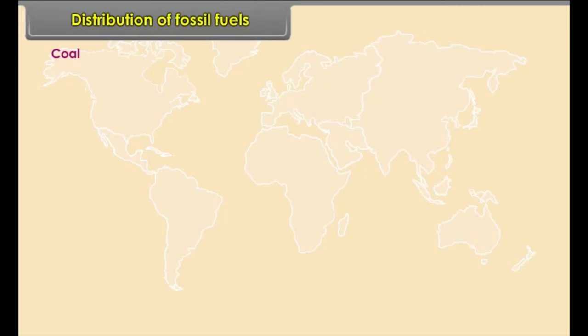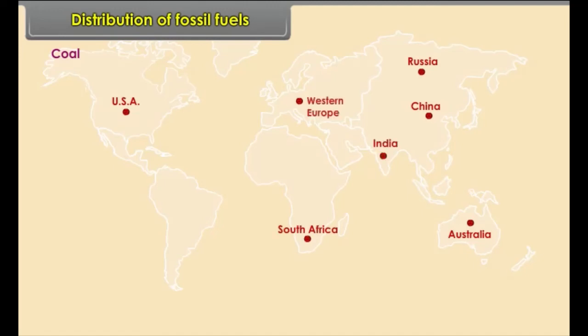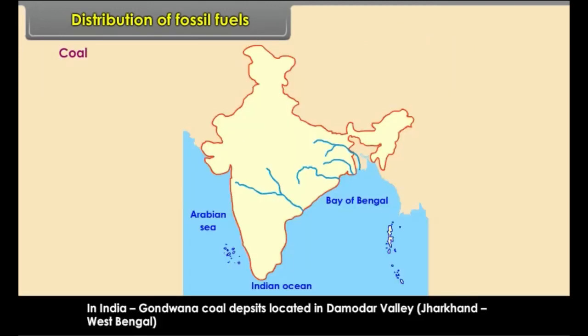Coal. World distribution. Russia, USA, China, Australia, parts of Western Europe, South Africa and India. In India, Gondwana coal deposits are located in Damodar Valley, Jharkhand and West Bengal.